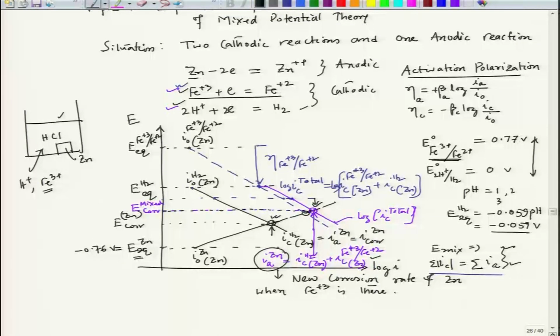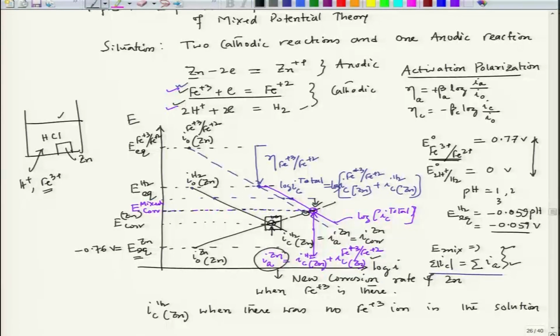This particular point is the hydrogen evolution rate, which I term as I c hydrogen on zinc surface when there was no Fe plus 3 ion in the solution. Now, once we have Fe plus 3, let us say this point is that I total.